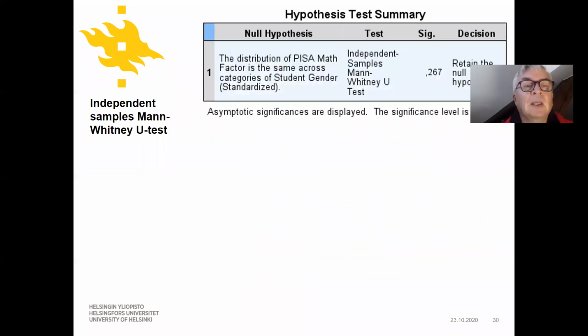There you go. And what's this? Already a third way of doing the same thing. Here we have the independent samples Mann-Whitney U-test. So if you can't use the t-test because the distributions were so skewed or something like this, then you use a non-parametric test, a test that doesn't assume normality, doesn't assume that you have the correct type of scale and so on.